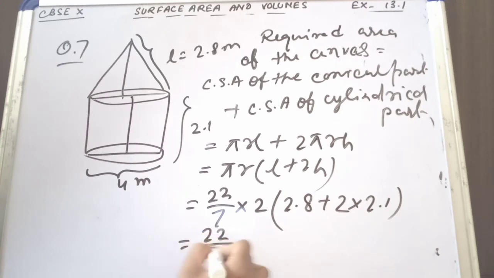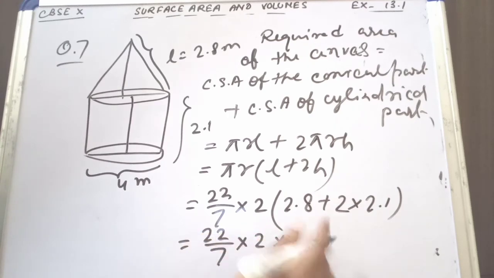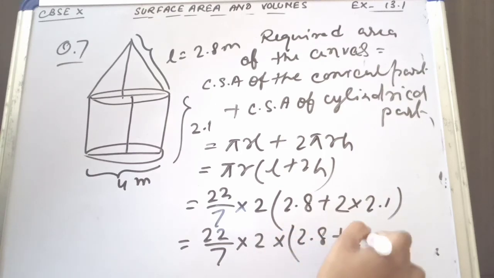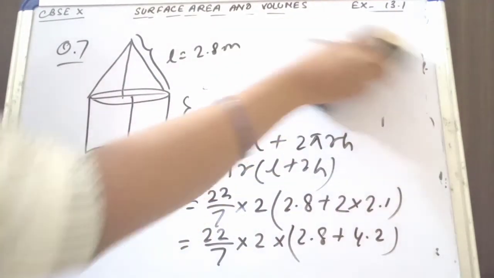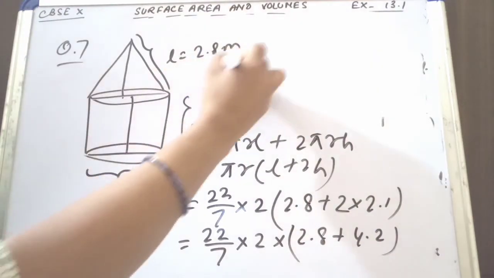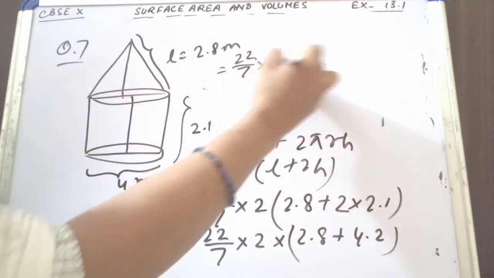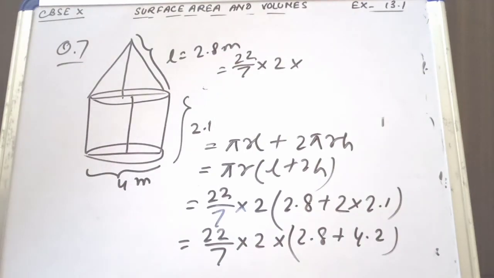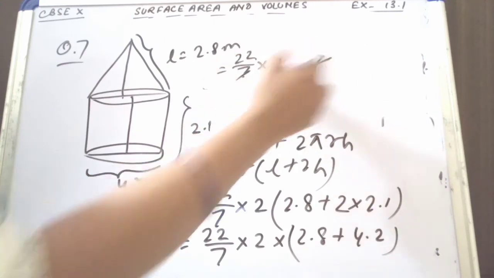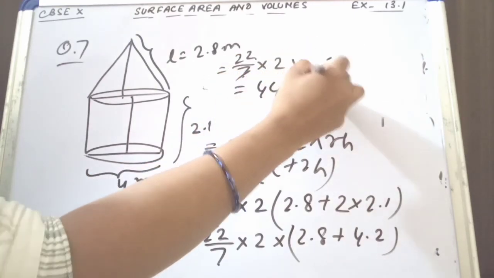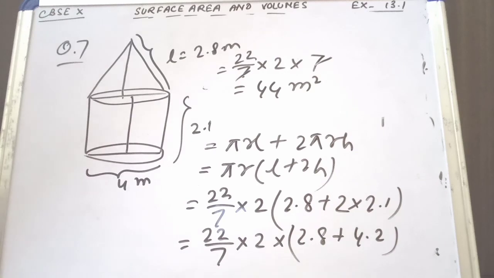That means 22 by 7 into 2 into 2.8 plus 4.2, that means 7. So 7 cancel out, that means 44 meter square. That's the required area of the canvas.